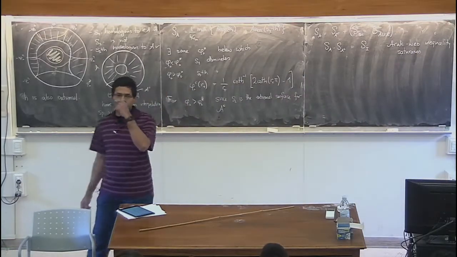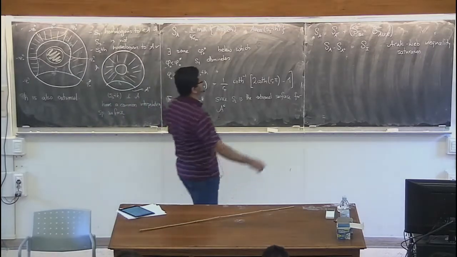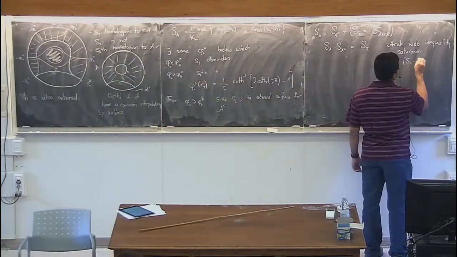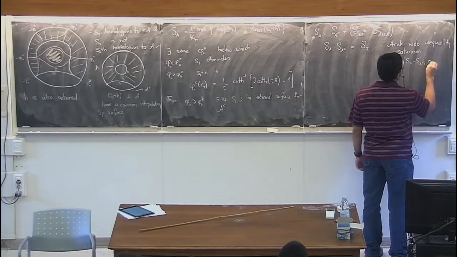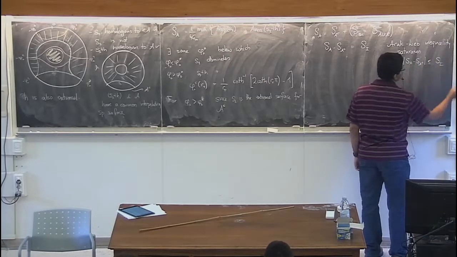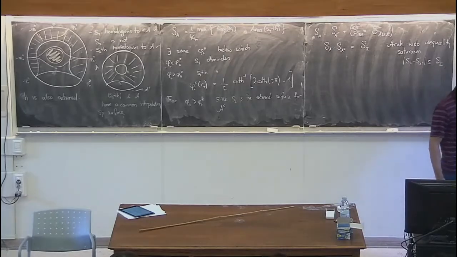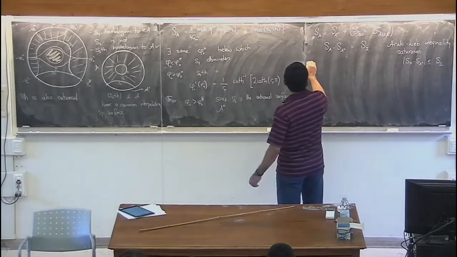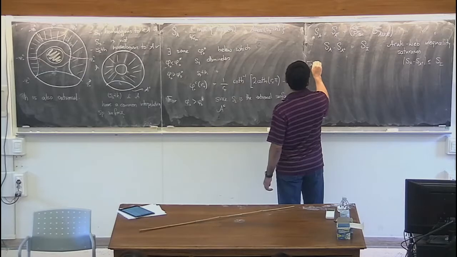I wrote on the Araki-Lieb inequality yesterday, which says that SA minus SA complement is bounded from above by the total entropy of the system. So this is another large N phenomenon.